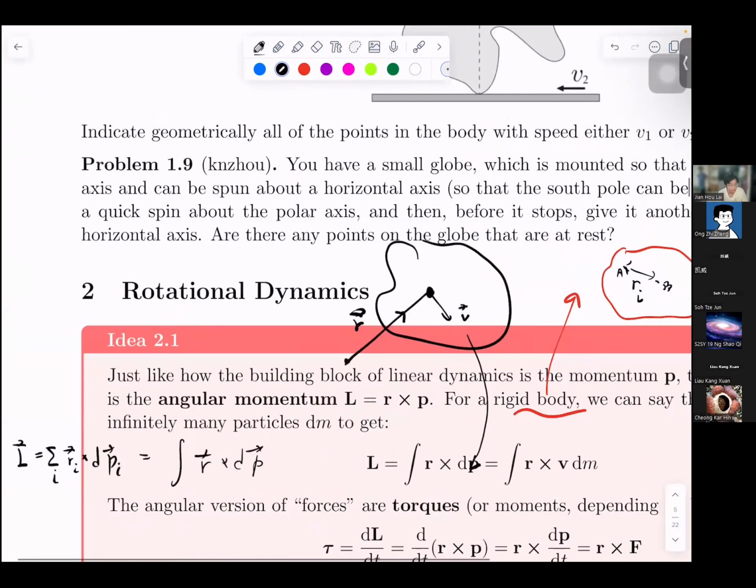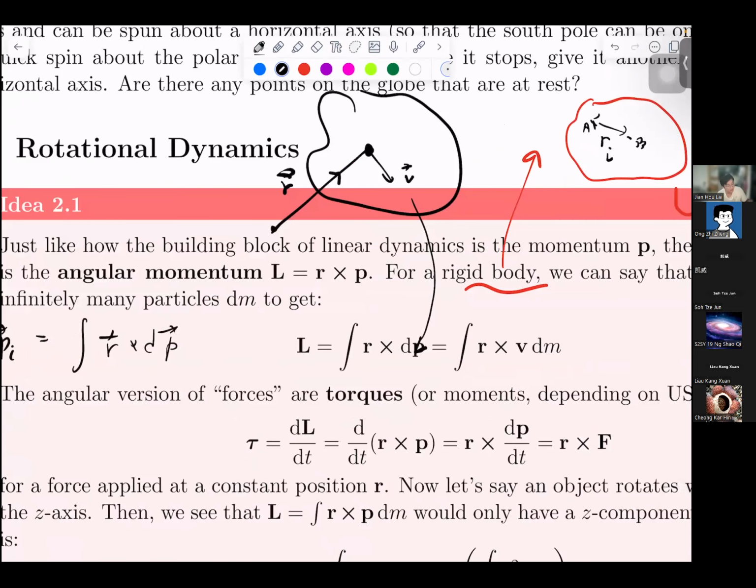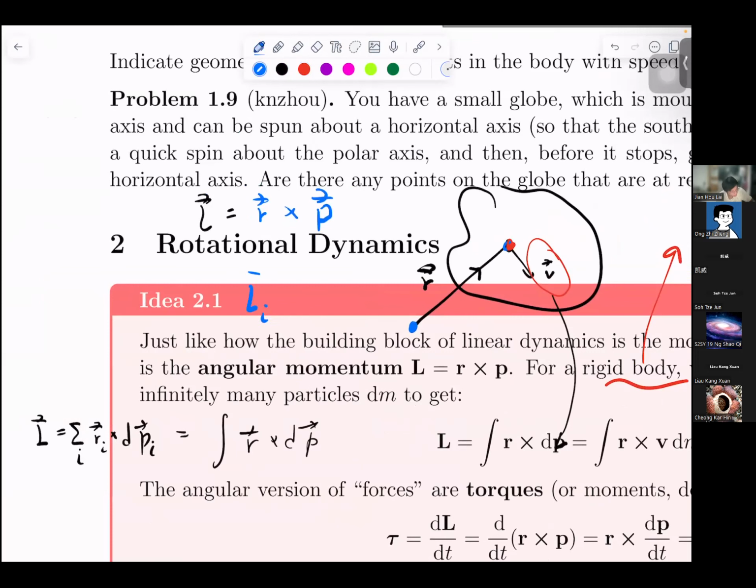We can then define the angular momentum as the position vector crossed with the linear momentum, since we have the linear velocity at that point mass. That is for a point mass.